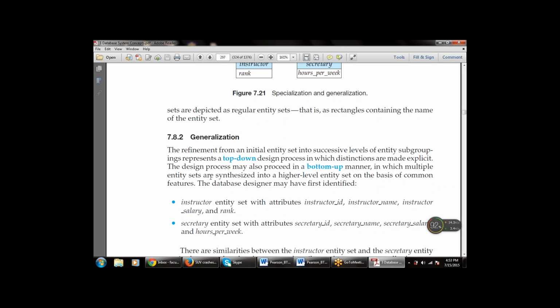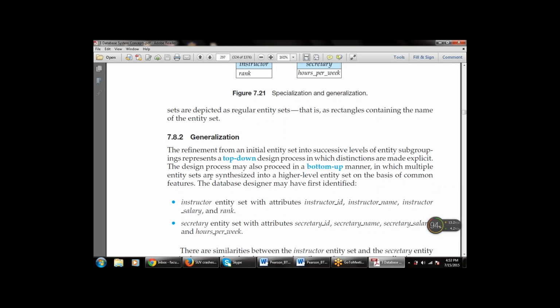The database designer may first identify the instructor entity set with the attributes instructor ID, instructor name, instructor salary and rank. Then the secretary entity set with the attributes secretary ID, secretary name, secretary salary and hours per week.